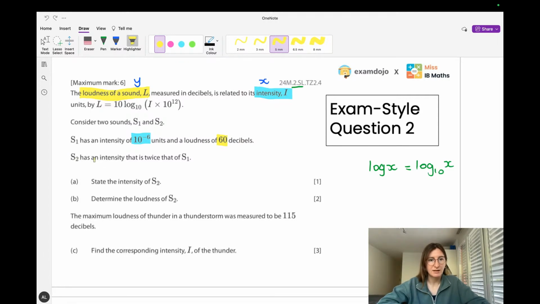S2 has an intensity that is twice that of S1. So an intensity, just going to highlight, that's our X, twice of S1, okay, twice that. State the intensity of S2. So the intensity here is twice that, 2 times this. So they just want me to write, ooh, that's not the right pen.